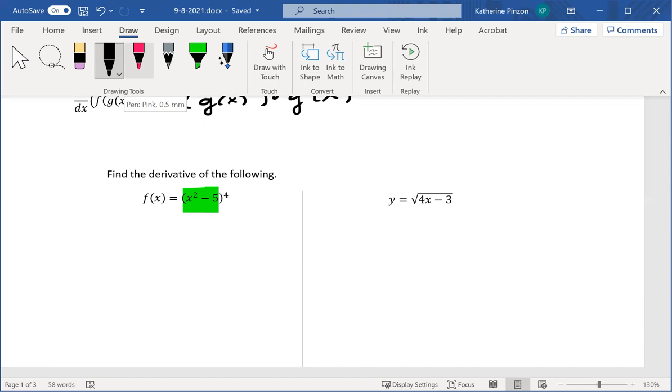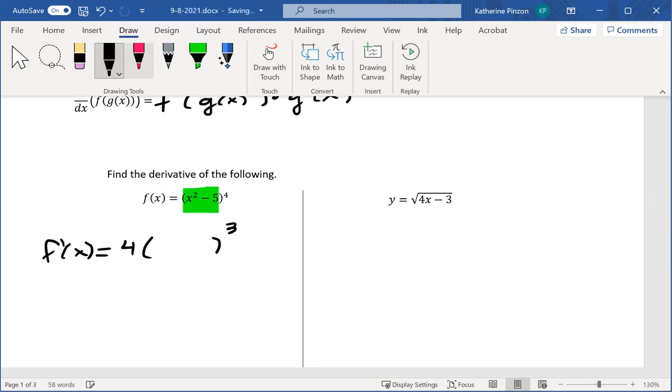So if I'm going to take the derivative of this thing, I'm going to leave that inside function alone. So how do you take the derivative of a whole bunch of stuff raised to the 4th? The power rule, yeah, bring the 4 in front and subtract 1 from the exponent. Don't change that inside stuff.